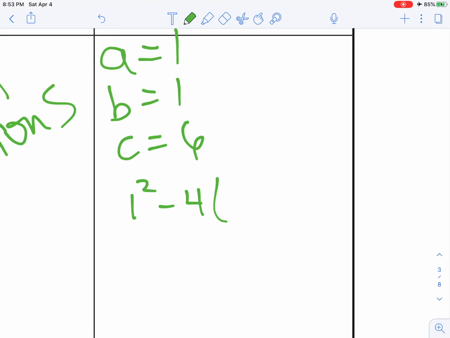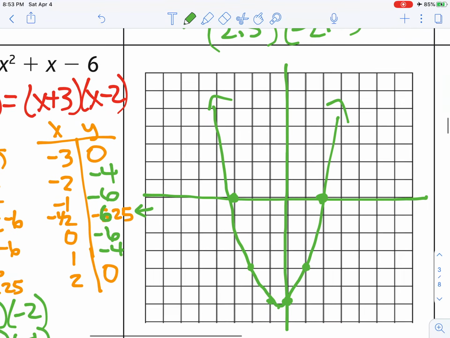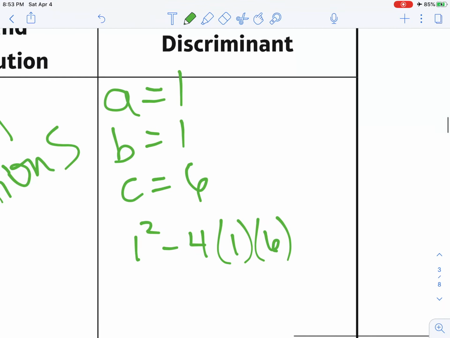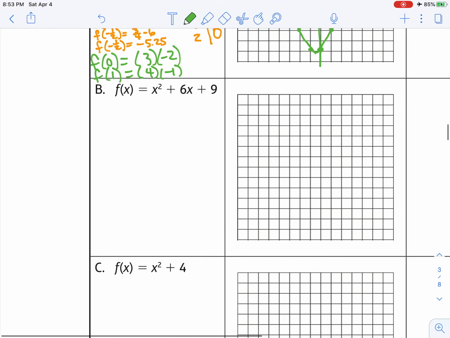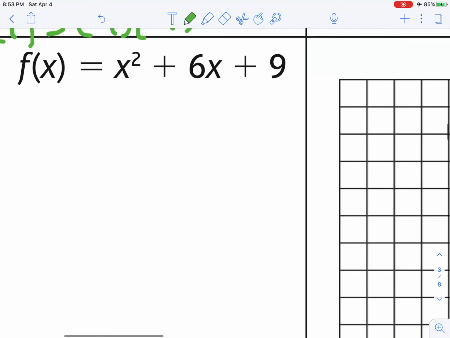So 1 squared minus 4 times 1 times -6. Whew, I knew something was wrong. So 1 plus 24 gets 25. So that fits in with what we're doing.